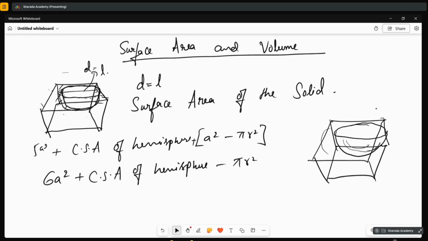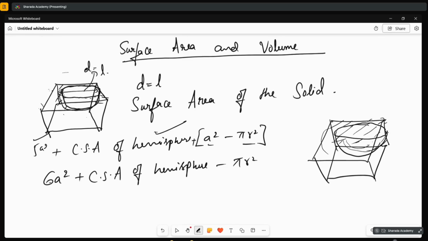That is the CSA of the hemisphere. But I can't take TSA there because this portion is empty. I can't paint that circle. So CSA of the hemisphere plus the 5a square. And I have to paint this portion also, whatever remains of the circle. What is that? A square minus pi r square.